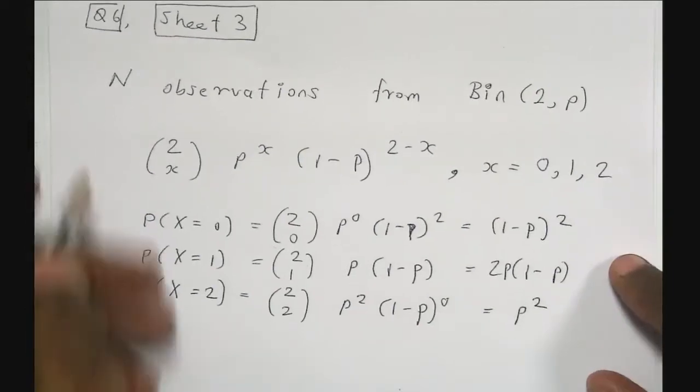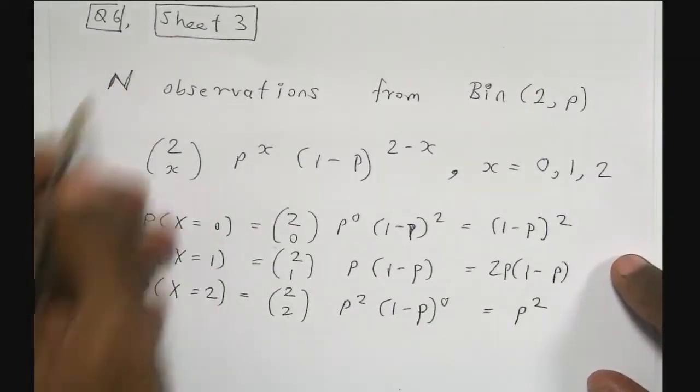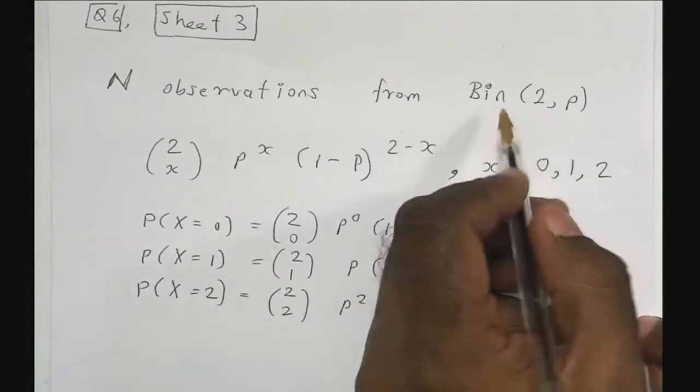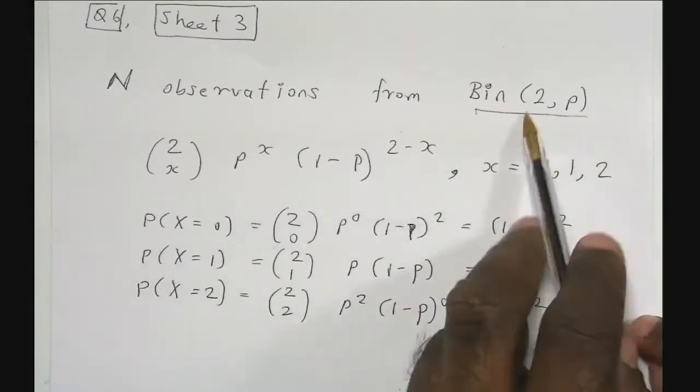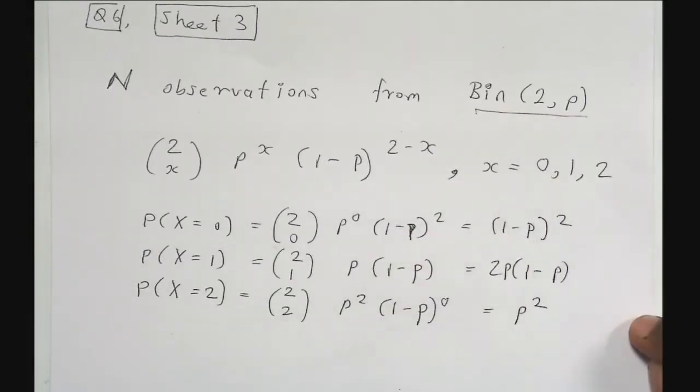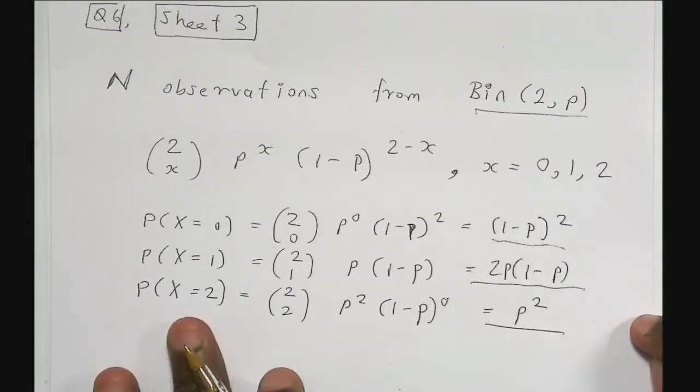The question said that there are capital N observations from this random variable, and this variable can only take 3 different values: 0, 1, or 2. 0 with this probability, 1 with this probability, 2 with this probability.